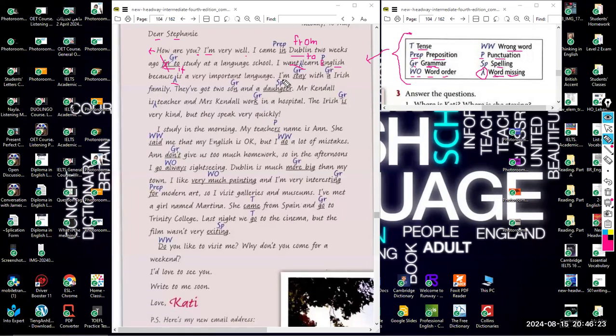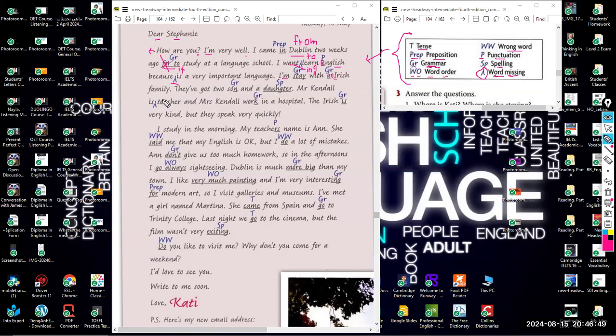Present continuous. Yes, exactly. This is the auxiliary. And absolutely, with the present continuous, I have to mention the auxiliary plus verb plus ing. And an Irish. So I'm staying with an Irish family, exactly. This is a mistake because Irish starts with a vowel letter, so I have to say an.